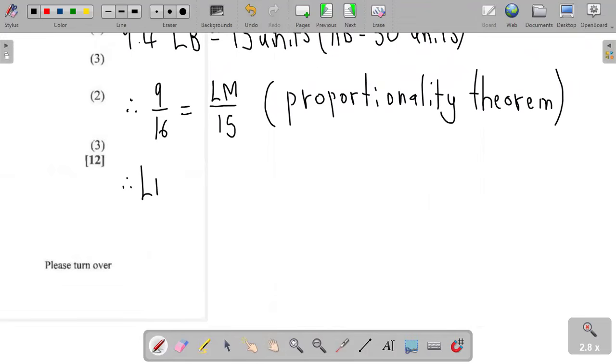Therefore, LM would be equal to 9 over 16 multiplied by 15. You use a calculator here.